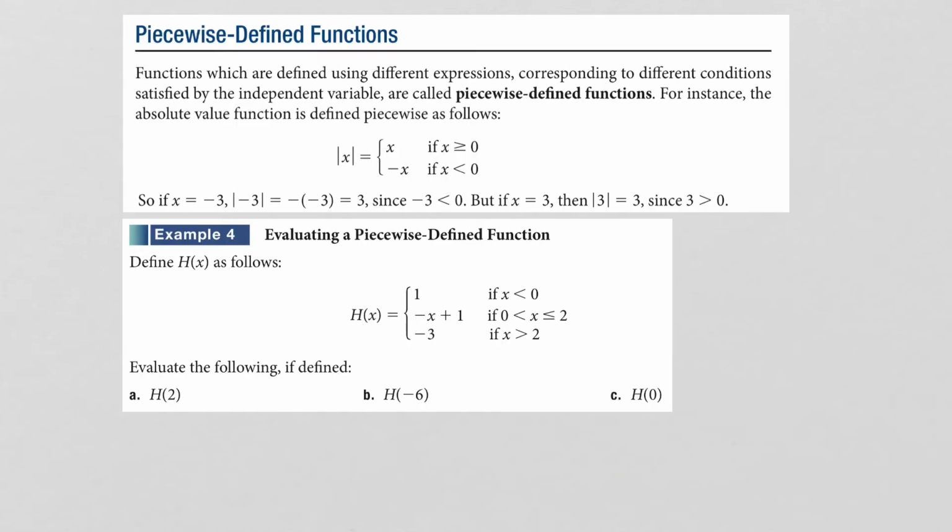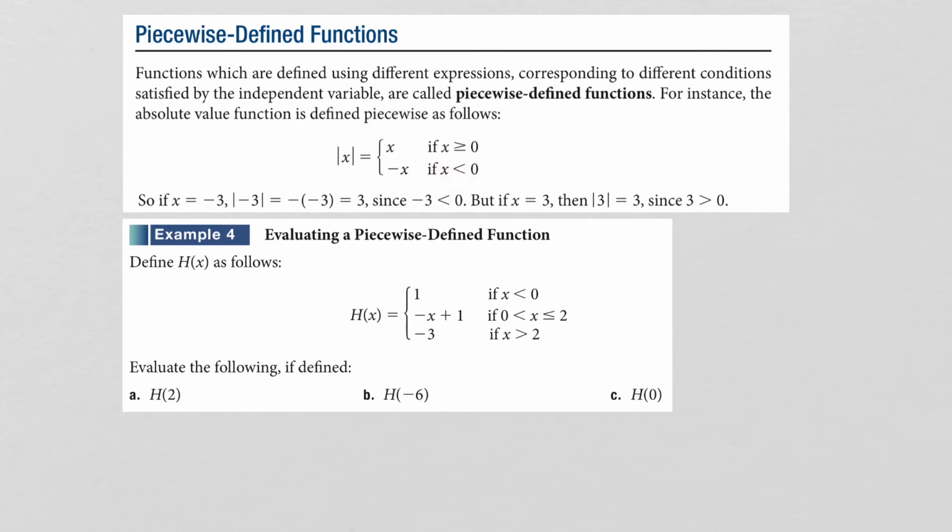Now let's talk about piecewise defined functions. So we've already seen an example of a piecewise defined function before when we talked about the definition of an absolute value function earlier. So let me remind you that the absolute value of x is equal to x if x is a non-negative number, and the absolute value of x is equal to negative x if x is a negative number.